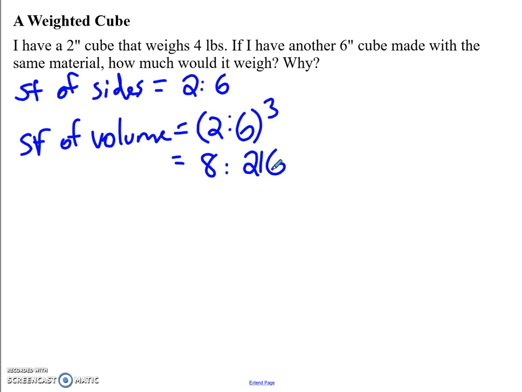So I can use this ratio then to help me figure this out. I know that I have my volume ratio, 8 to 216 will equal 4 pounds, oops, not 40, 4 pounds to some weight that I don't know.